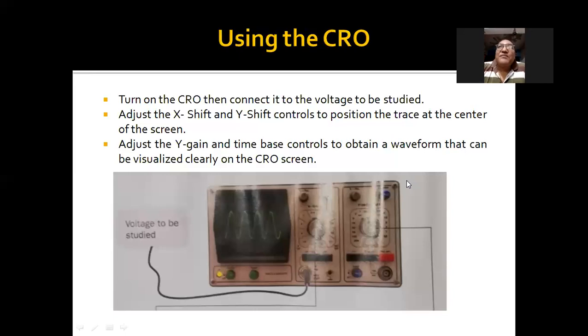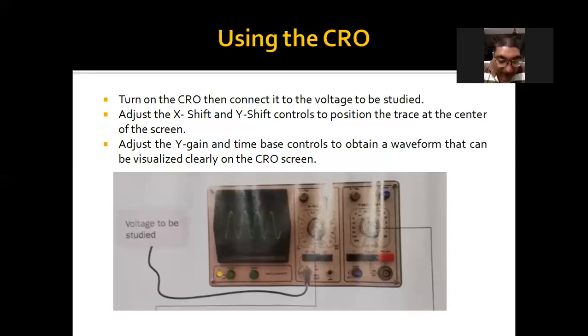For example, if the dot on the screen is not in the center, let's say it's above the center, then with the Y shift you can move that dot vertically. It's a knob on the CRO. By rotating it, you can move the dot, the trace of the electrons on the screen, up and down.